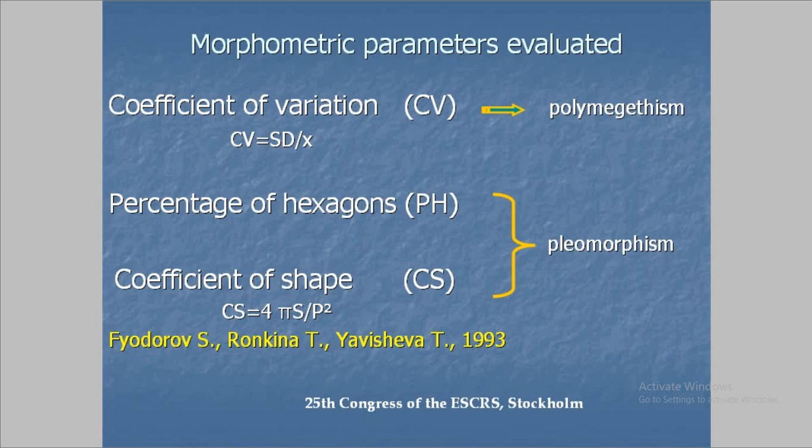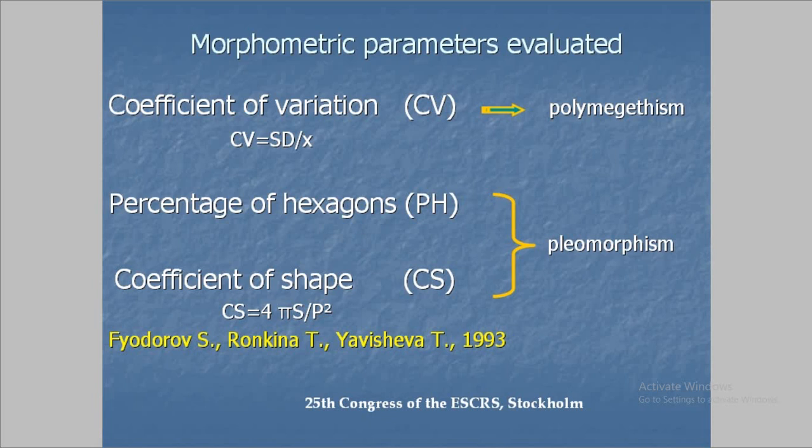In this work, we pursued the task to conduct comparative research of endothelial morphometry and to find out the safety and reliability of the Russian phaco laser system in relation to corneal endothelium. So we studied the following morphometric parameters in the long-term follow-up: coefficient of variation, percentage of hexagons, and coefficient of shape.